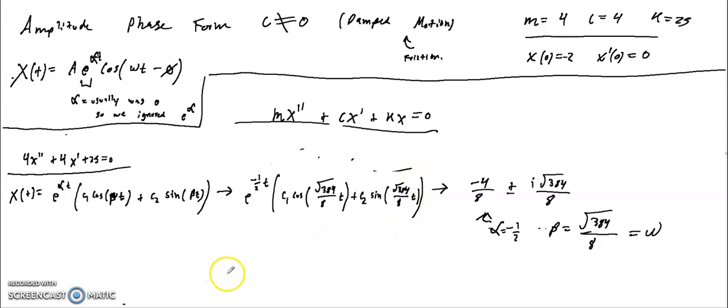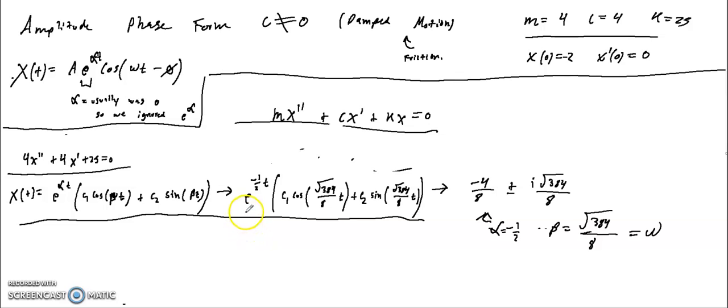And so we can plug in one of our initial conditions, but for our second one, we're going to need to find the derivative. So let's do that right now.